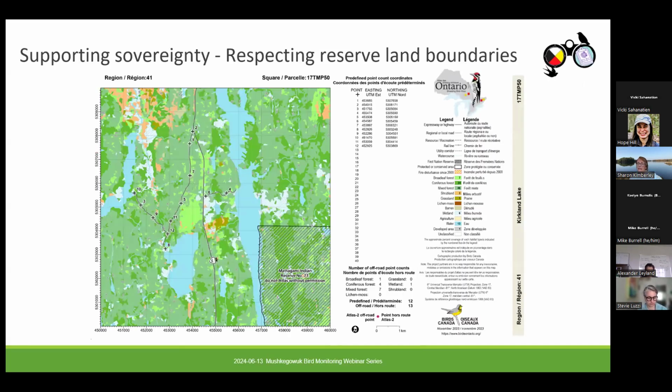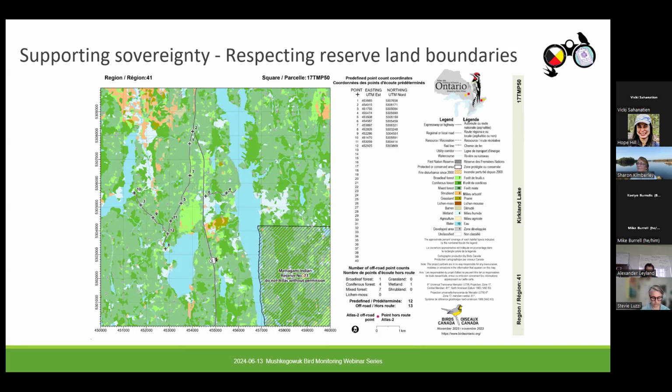So some other things we've done over the past year: we really wanted to support sovereignty and update the maps to respect reserve land boundaries. That was something that Kaylin, Mike, Emily and I worked on, and Birds Canada, the Nature Counts people.